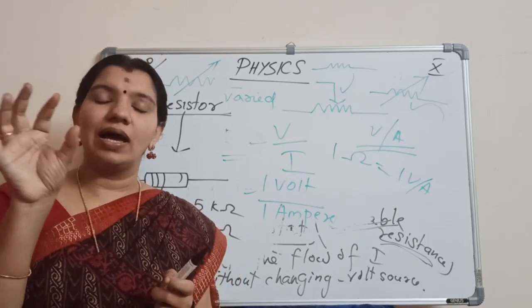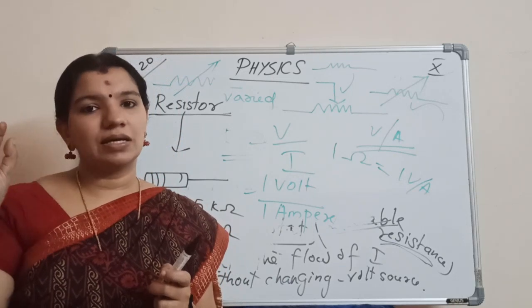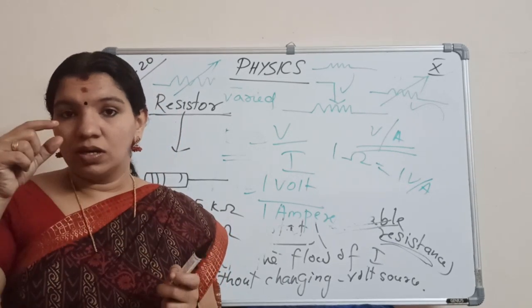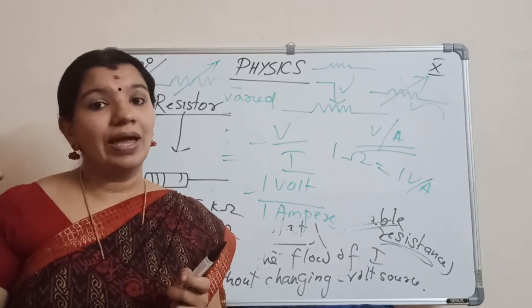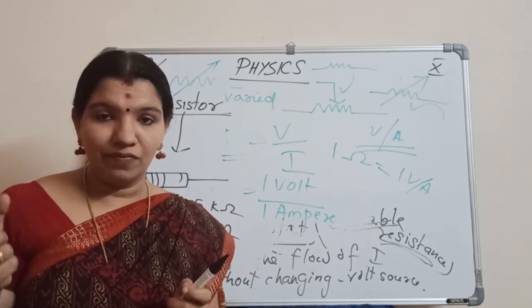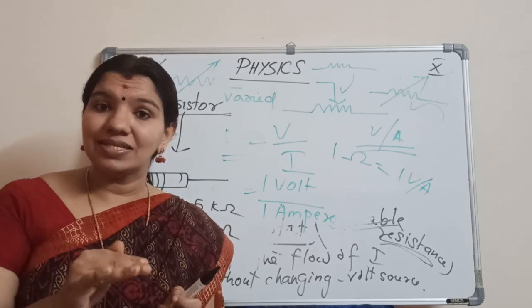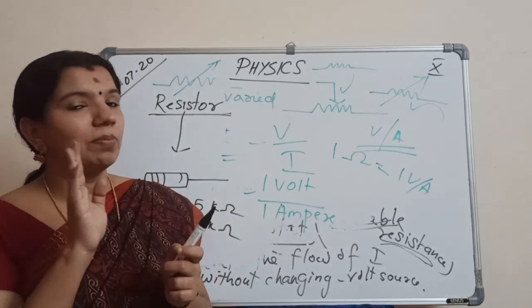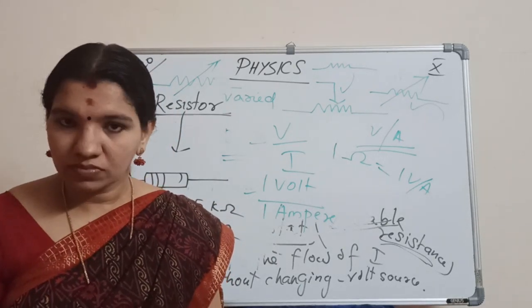That is the fixed resistance of that particular resistor. But we use a rheostat to vary the resistance. We use a variable resistance to change the flow of current in a circuit. So this is all about resistance.